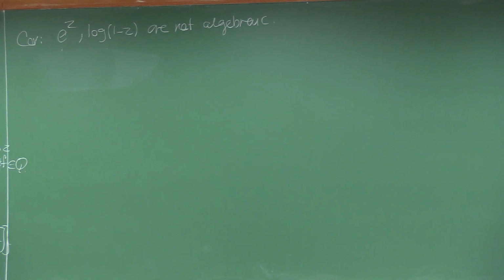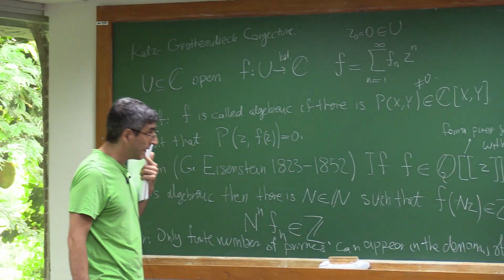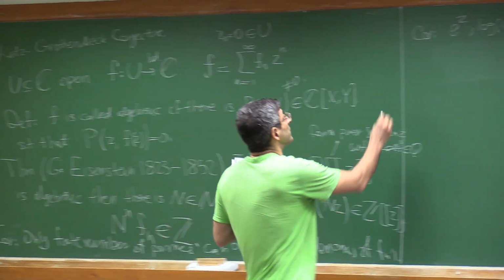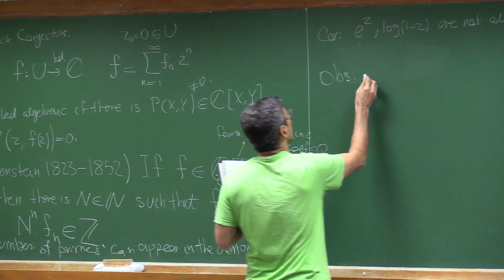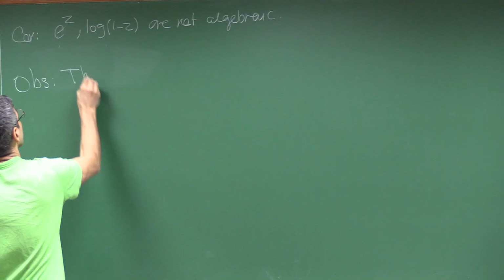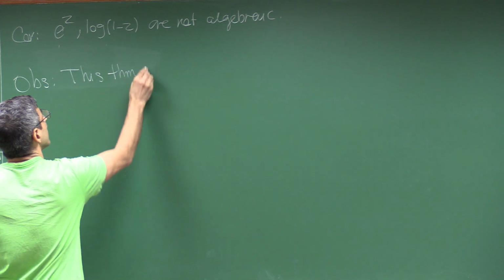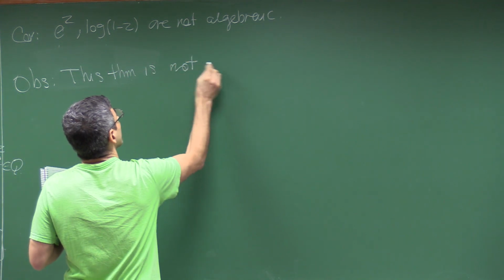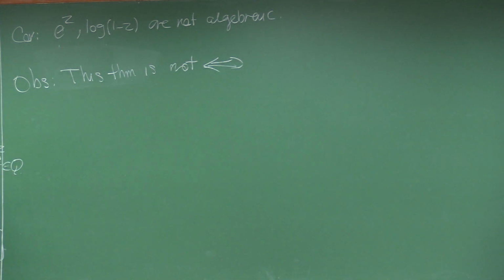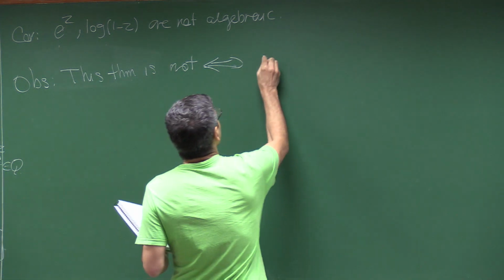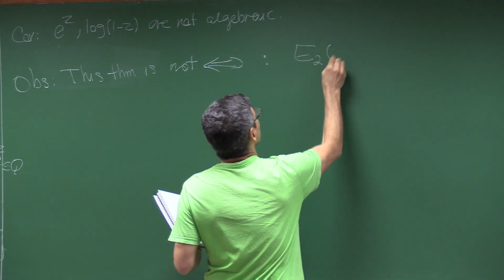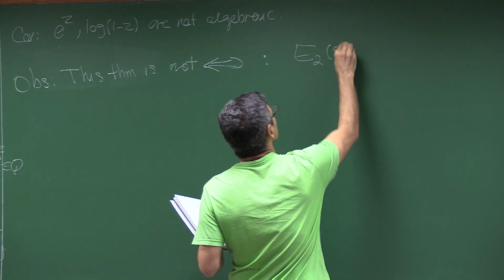Another thing is that this theorem is not if and only if. I don't know what the maybe observation is. This theorem is not if and only if. Well, I was thinking what is the simplest example. In my course appears this Eisenstein series. Maybe I write it. Well, they are usually written in the q variable.